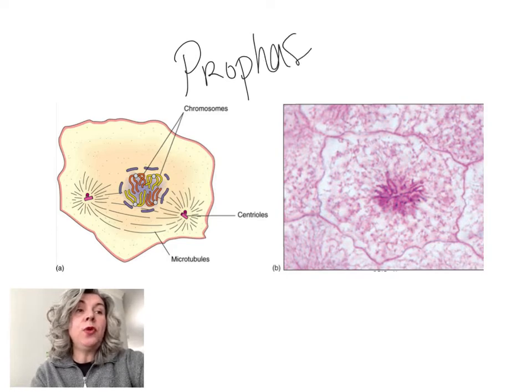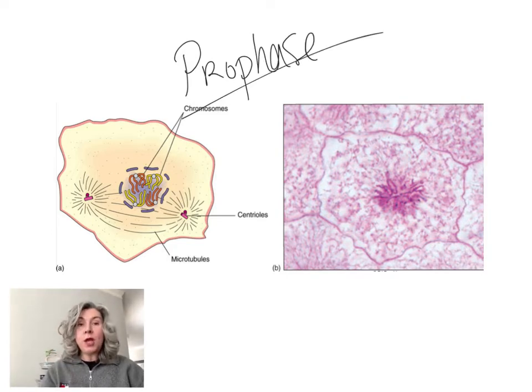Now, in prophase, chromosomes will begin to form. The nuclear envelope starts to break down and separate out. And these spindle fibers that we mentioned earlier, that the centrosome is going to produce, form. Here in the photo to the left, you're seeing a drawing of these events taking place.